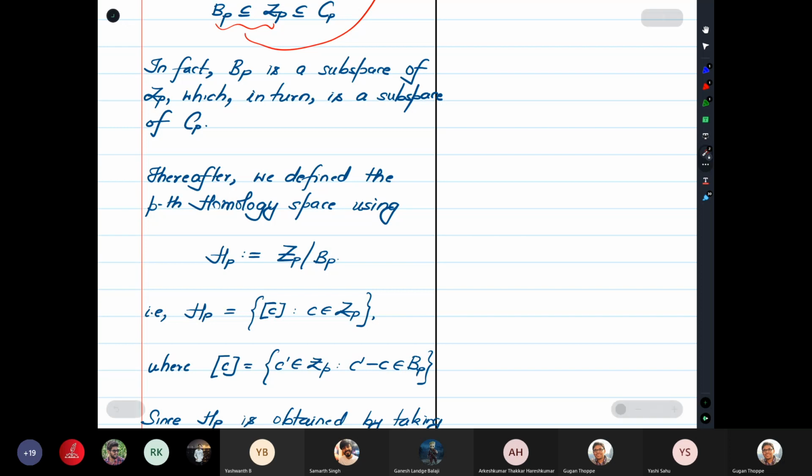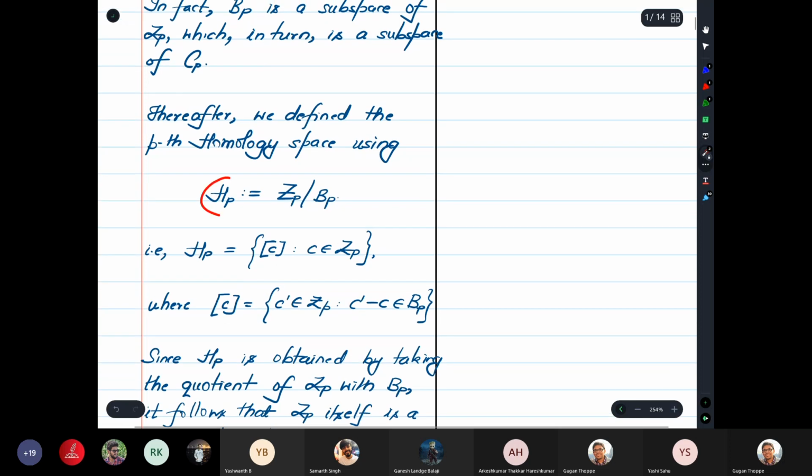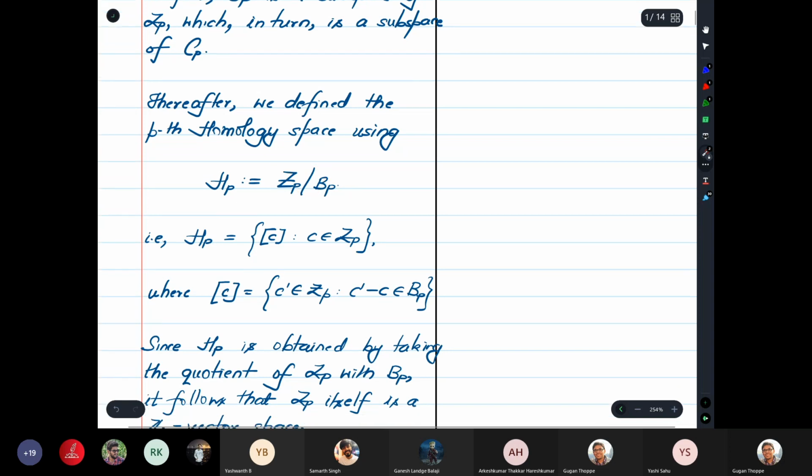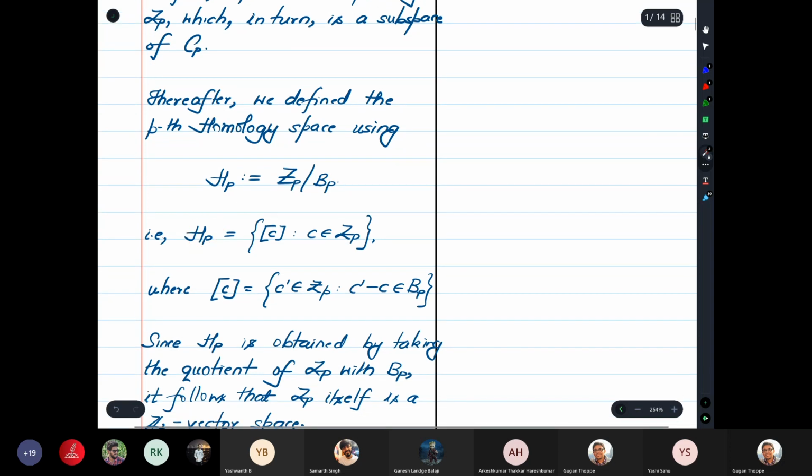I also formally defined what this quotienting operation means. It means that H_p is the set of all equivalence classes. So this is the way we write it. It's the equivalence class of every element c, which is a p chain, which lies in Z_p. So you look at the equivalence class of every c in Z_p.